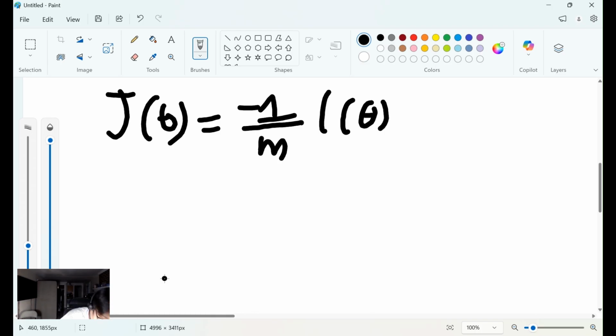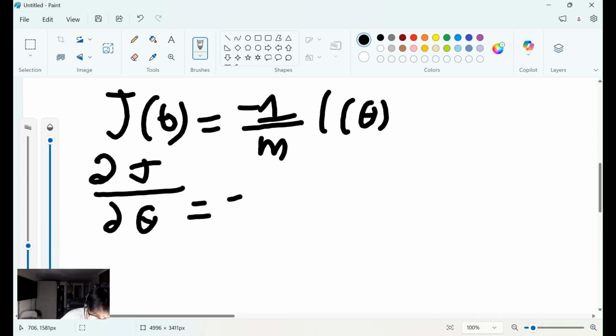Let me show you guys. So at any i value, this is gradient, right? Gradient is actually the partial derivative for a specific variable. So we have gradient of j over theta is 1 over m.